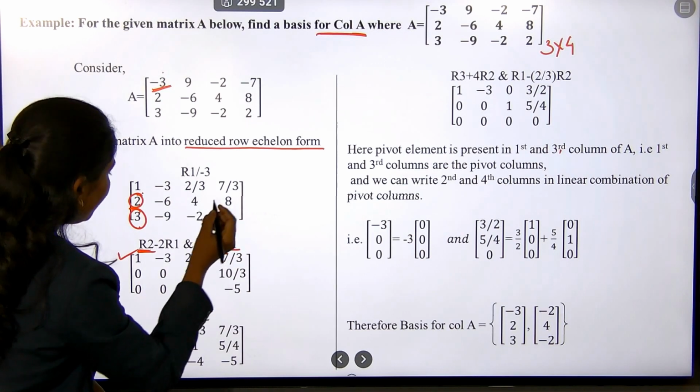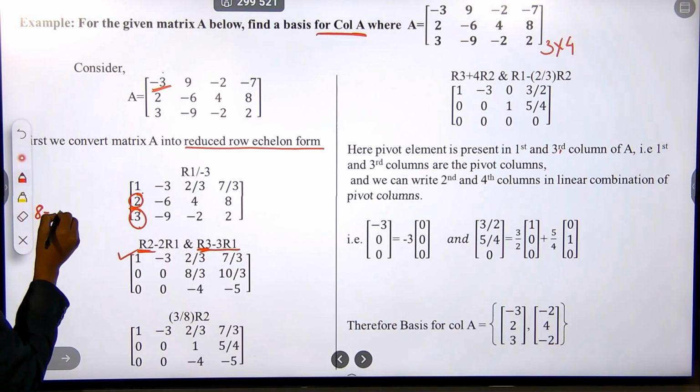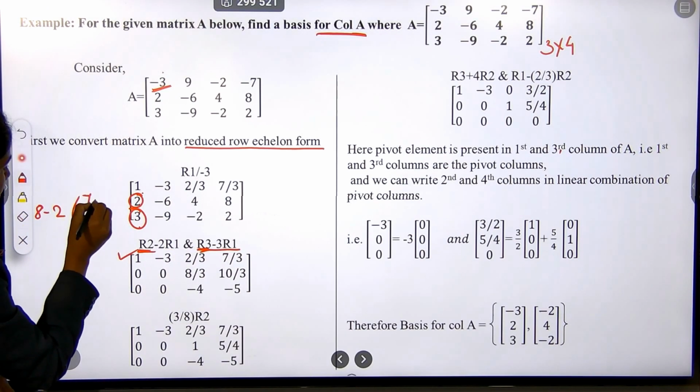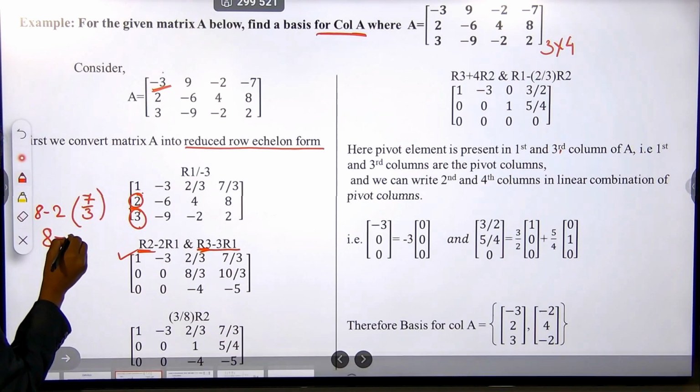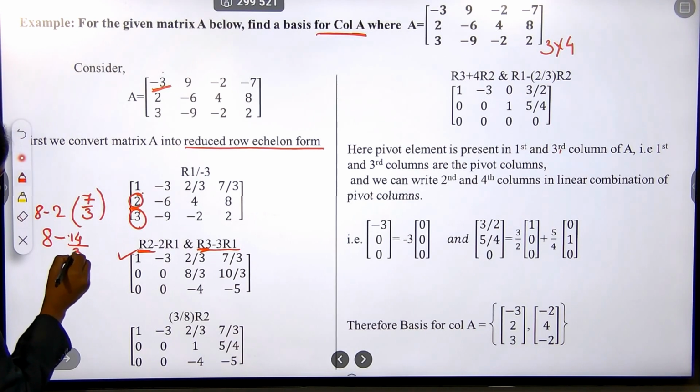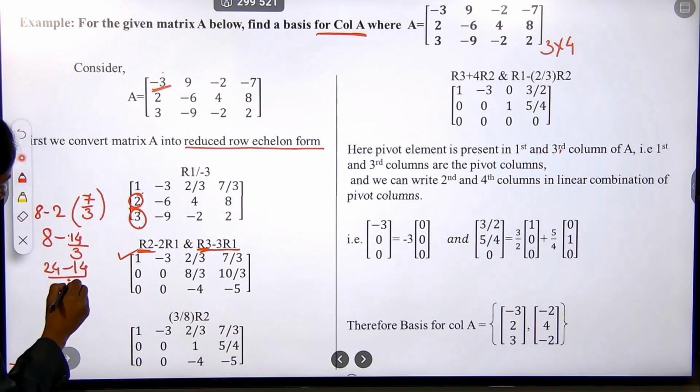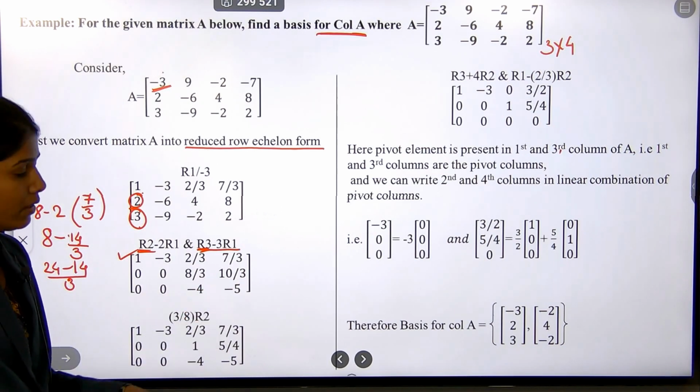Now 8 minus 2 into R1, R1 is 7 upon 3, so it gives 8 minus 14 upon 3, which equals 24 minus 14 upon 3. So it gives 10 upon 3.